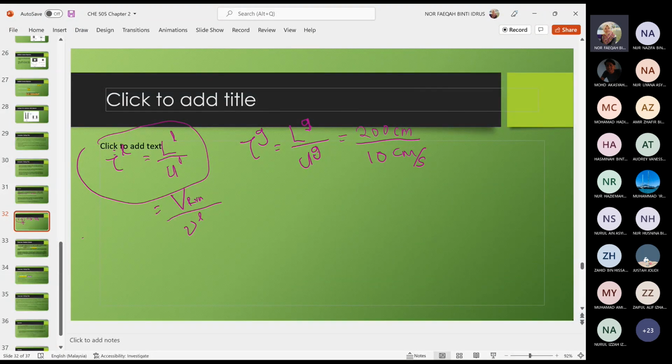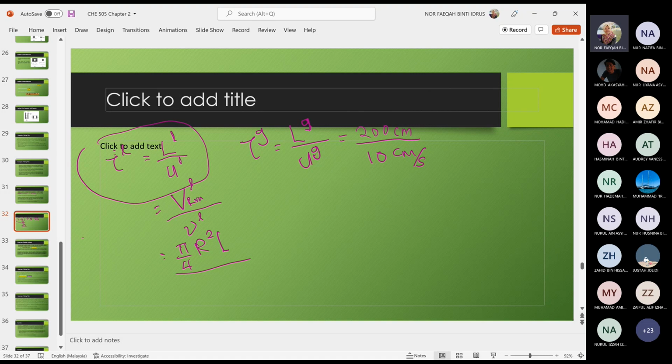The volumetric flow rate is given. The volume of the liquid phase, or reaction mixture, we can calculate using the formula for the volume of a cylinder, pi over 4 R square L, divided by the volumetric flow rate.